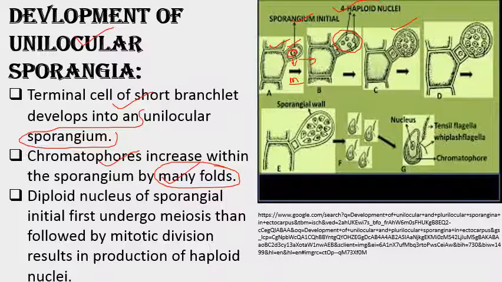So जो ये number increase होगा nuclei का, उसमें सारे divisions इसके बाद होंगे, mitotic equational division. So the diploid nucleus of this sporangial initial undergoes meiosis, that results in formation of 4 haploid nuclei. After that, this division is followed by mitotic division, resulting in the production of various haploid nuclei.